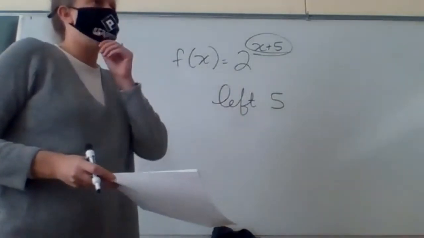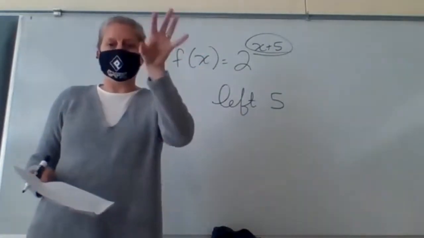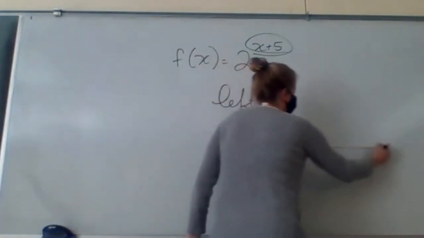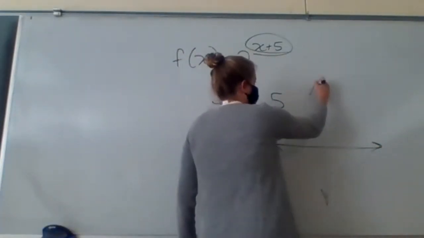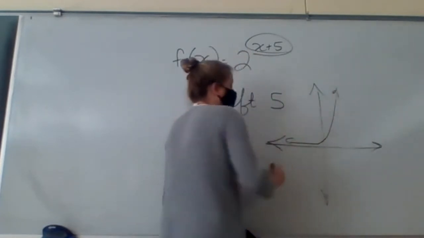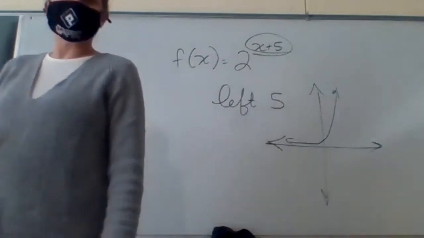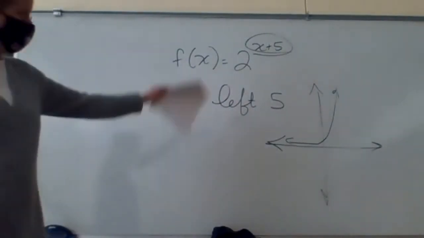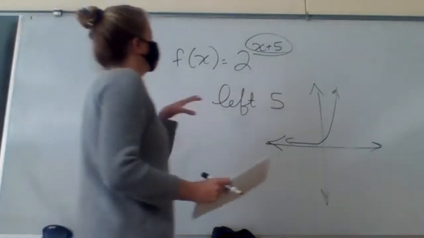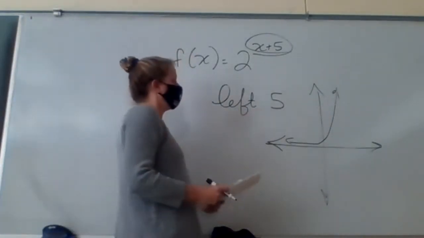So remember, when you go in, you'll tell it that you want to do the exponential tool, and then you just click anywhere on your graph. Okay, and what it'll do is it'll put that exponential graph on the grid right where it's supposed to be, and then you're going to shift it to the left 5.